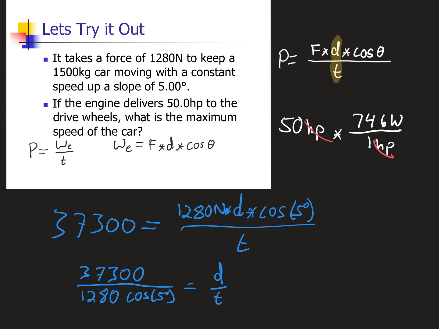Divide my number by the quantity. Make sure we use parentheses in the proper way, otherwise you would have to do it as it is. And we get 29.3 meters per second.